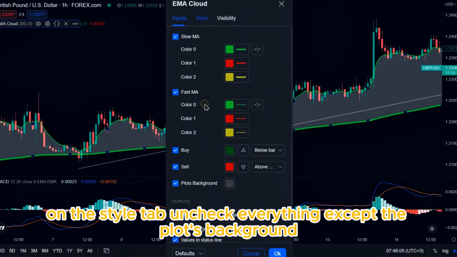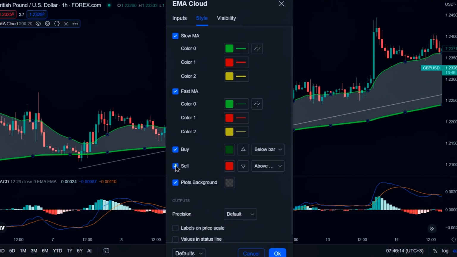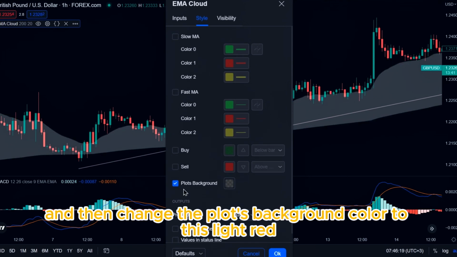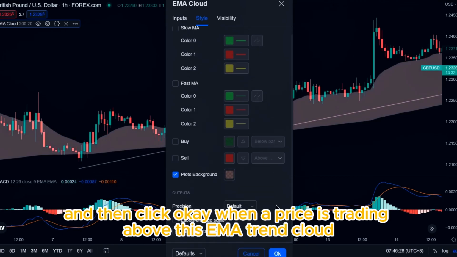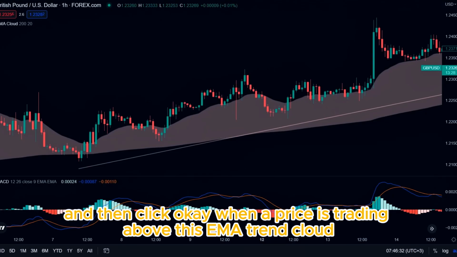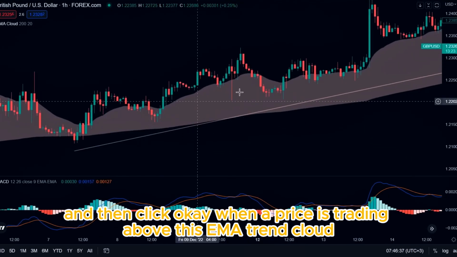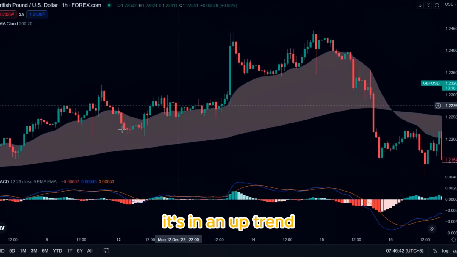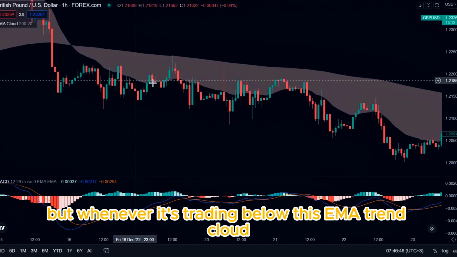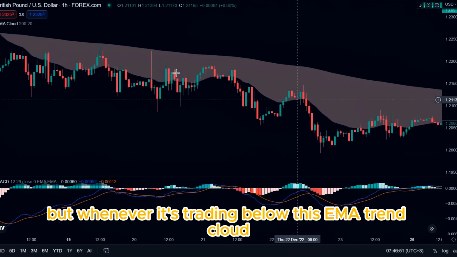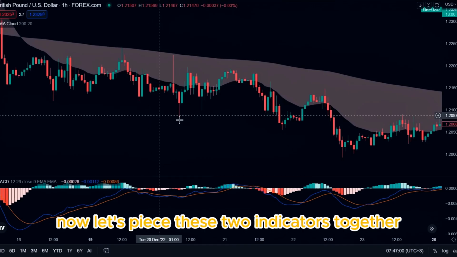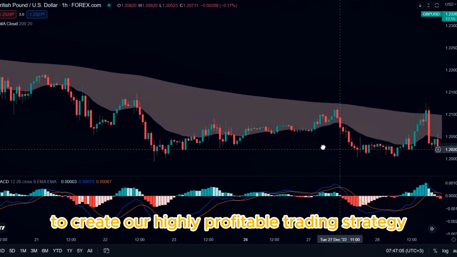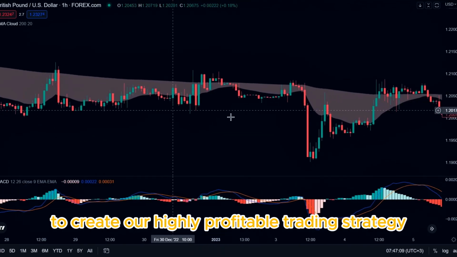On the Style tab, uncheck everything except the plot's background, and then change the plot's background color to this light red, and then click OK. When the price is trading above this EMA trend cloud, it's in an uptrend, but whenever it's trading below this EMA trend cloud, it's in a downtrend. As simple as that. Now let's piece these 2 indicators together to create our highly profitable trading strategy.